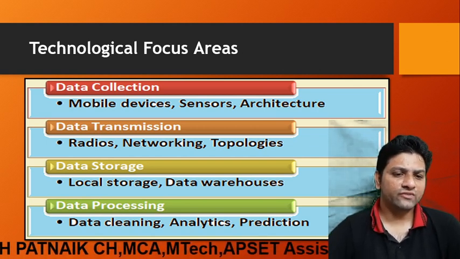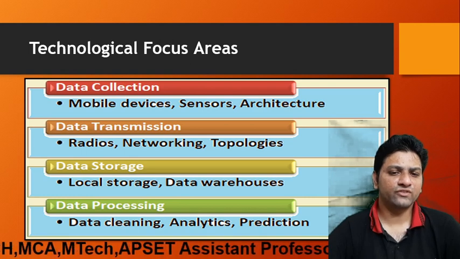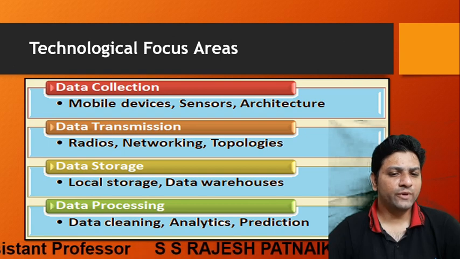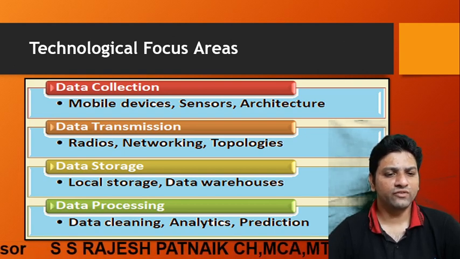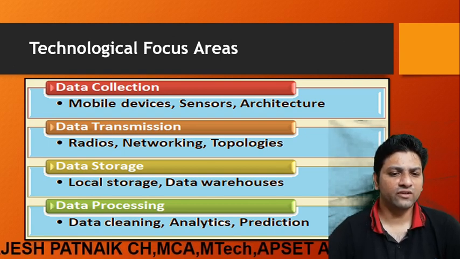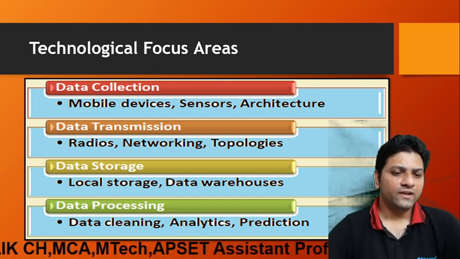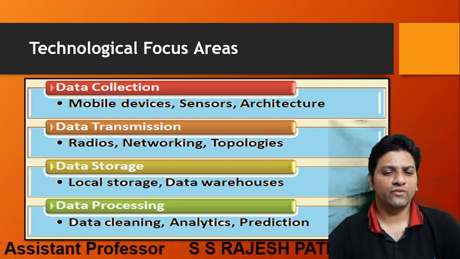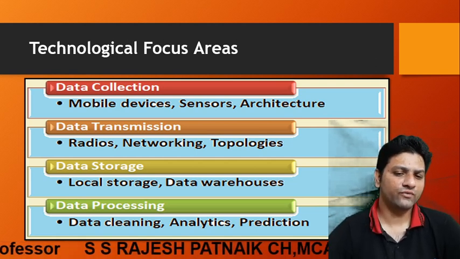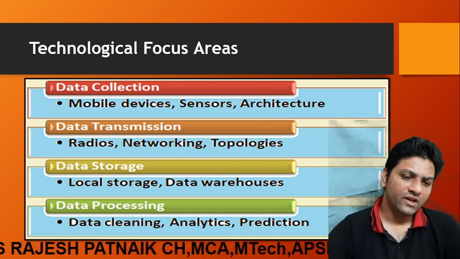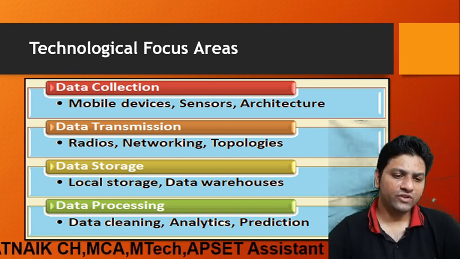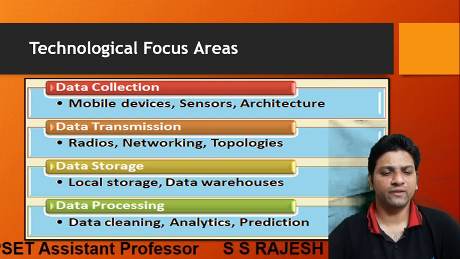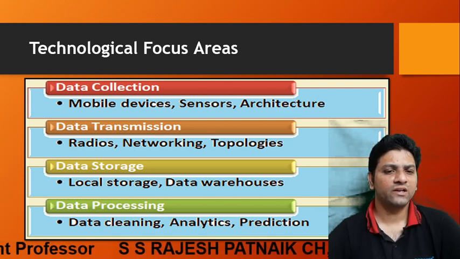Data collection is done through mobile devices, sensors, and architectures. Data transmission is done through networks, different topologies, and radio transmission. Data storage can be done using local storage or data warehouses, that means fog computing or cloud computing. And data processing is done through fog computing, that means data cleaning, analysis, and prediction.